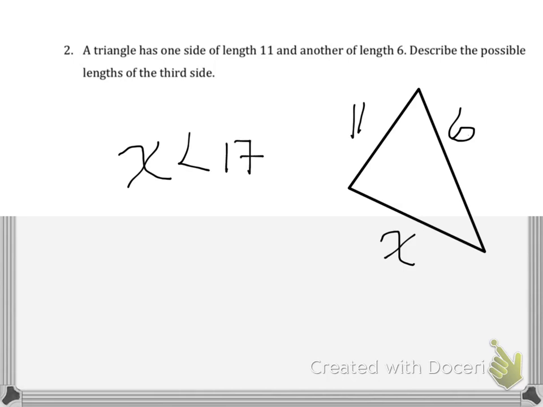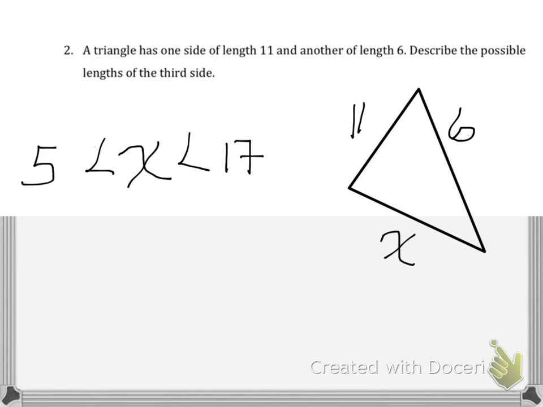All right. Now if it's less than 17, so let's say it's 16, then that's going to be the larger side of the triangle. What if the missing side is the smallest side of the triangle? To get that value, subtract 6 from 11, and you get 5.